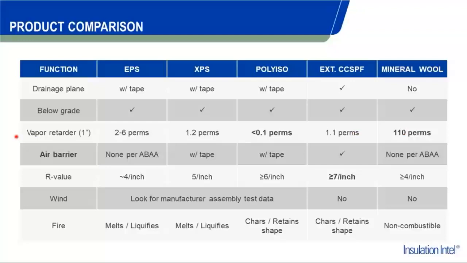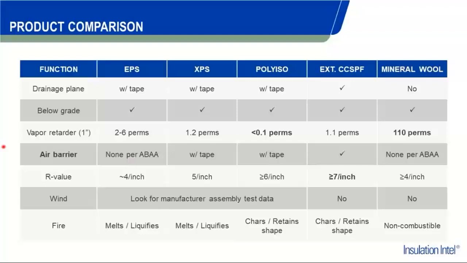For air barrier considerations, there are a couple of considerations to make here. If you're using some of the board materials such as polystyrene XPS or a polyiso, it would be a good idea to use a tape to create that air barrier.